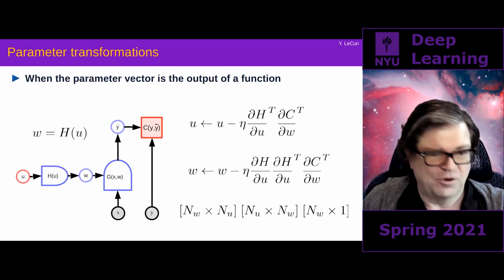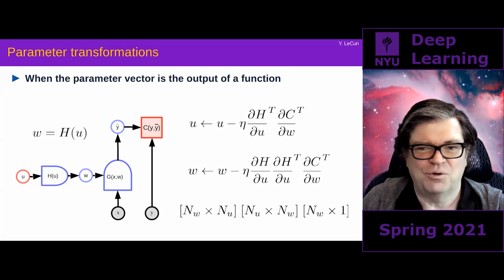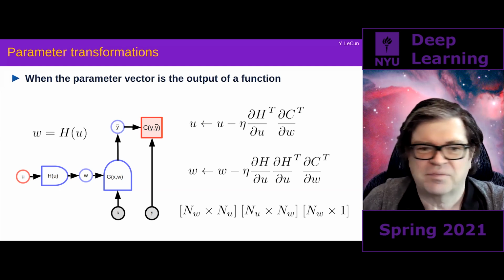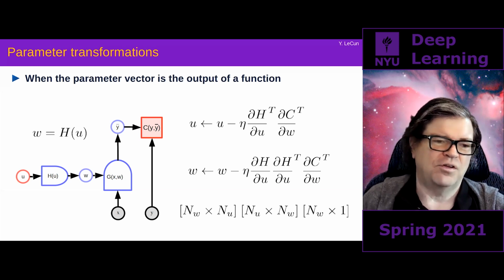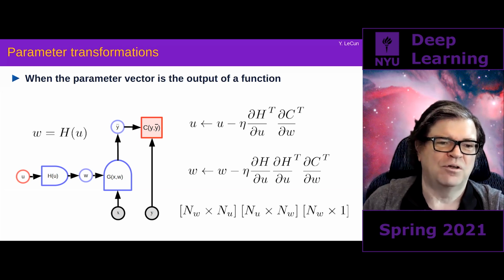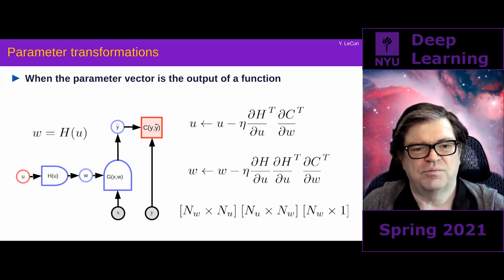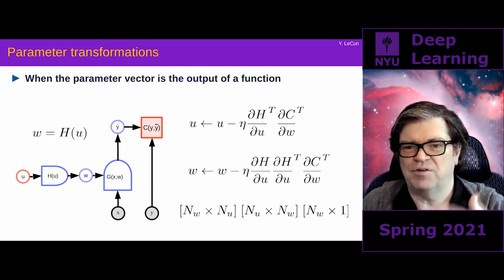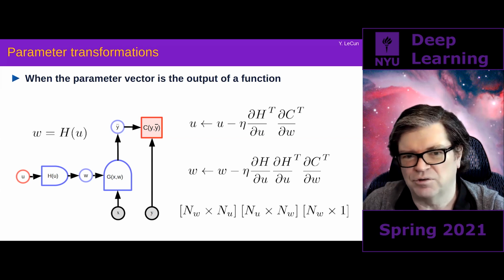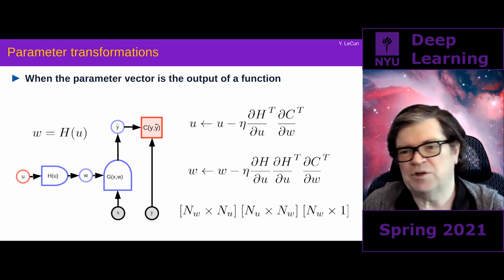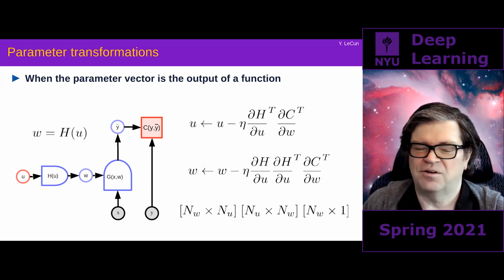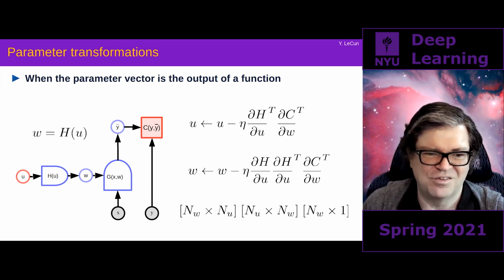Okay, here's something a little more complicated, as if that wasn't complicated enough. And it's reparametrizing the parameters. This is a slightly more general instance of what I was just talking about, products, product units, where the weight matrix is the result of a weighted sum of slices of a tensor.